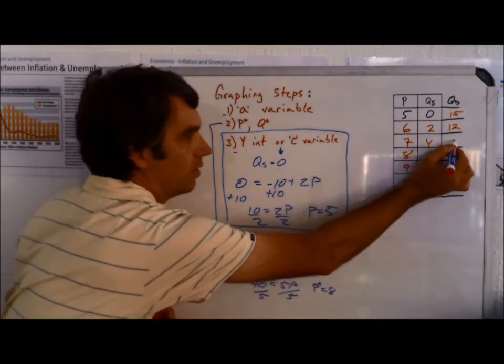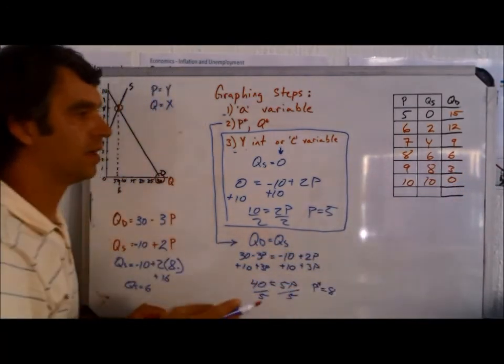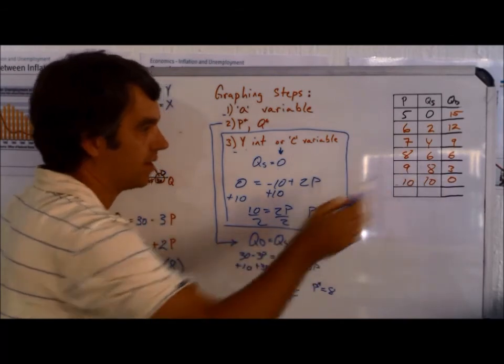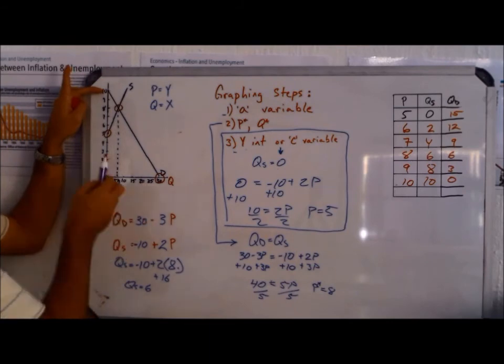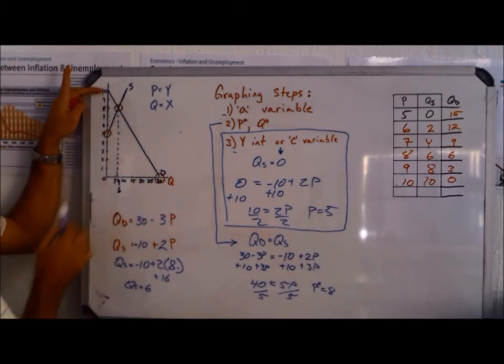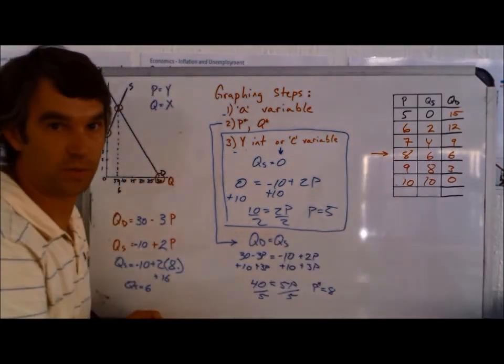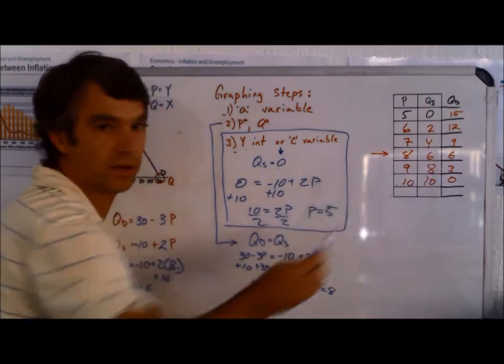So 15, 12, 9, 6, 3, and 0. And again, we can see at 10, that's where quantity demanded of 0, that's where we see the demand curve end, 10 with quantity of 0. Also, of course, we can see right here that there's our equilibrium price, where at the same price, quantity supplied is equal to quantity demanded.